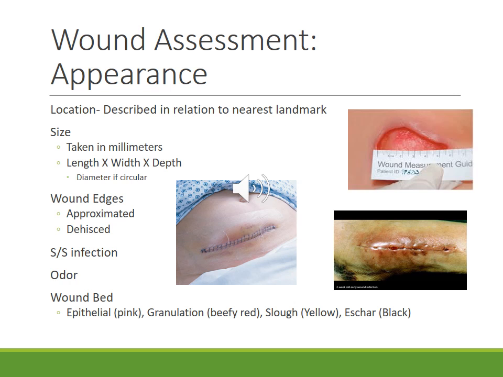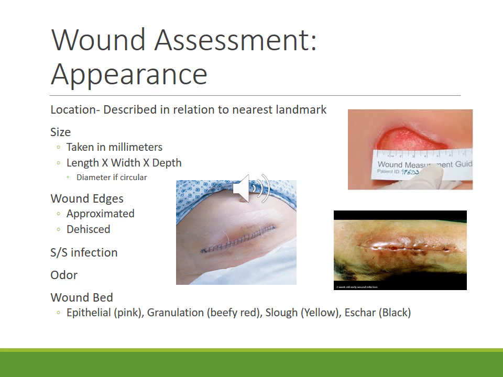Is it in the right lower quadrant of the abdomen? We're going to want to measure it. And we're going to also want to note the length, the width, and the depth of that wound. Are the edges well approximated? So as you can see in this first picture, we have this perfect surgical wound that's been sutured. Those are well approximated edges.